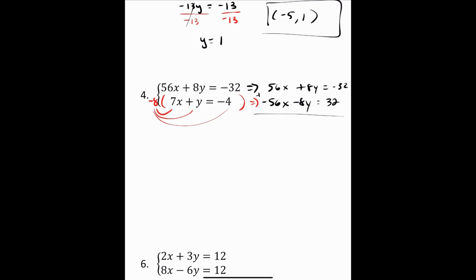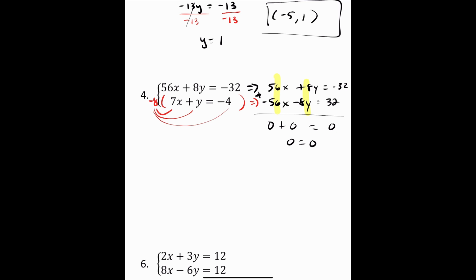And then we're going to go ahead and add vertically. Positive 56x and negative 56x. Those are opposites, actually 0. Positive 8y and negative 8y. Those are opposite. That's another 0. And then negative 32 plus 32 is also 0.